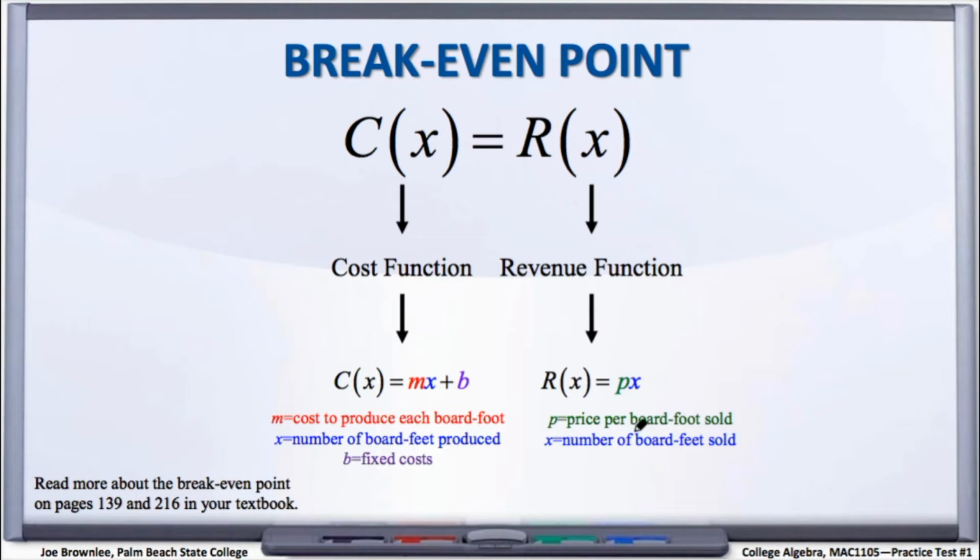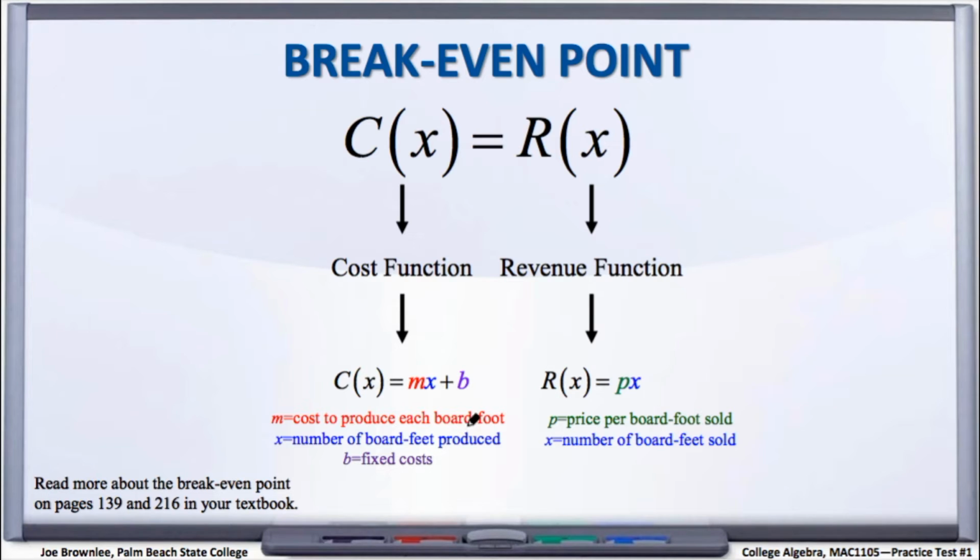Our revenue function is R of x equals p times x, where p is the price per board foot sold. So how much is this lumber yard charging for every board foot they sell? And x represents the number of board feet they sell. Notice that in the cost function and the revenue function, I have x in blue because it is the same number.